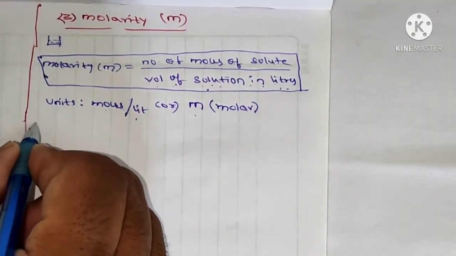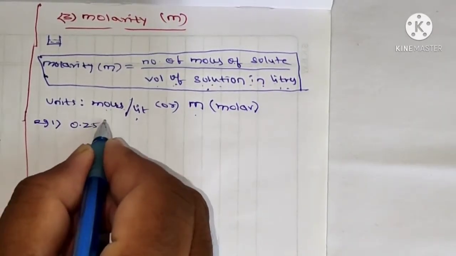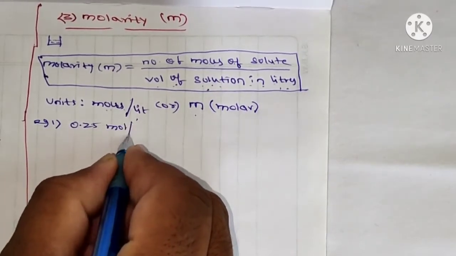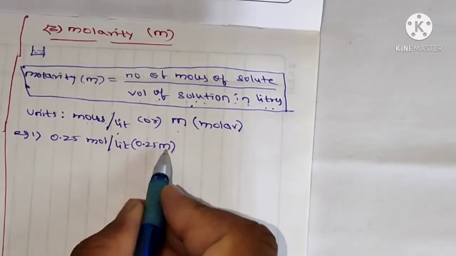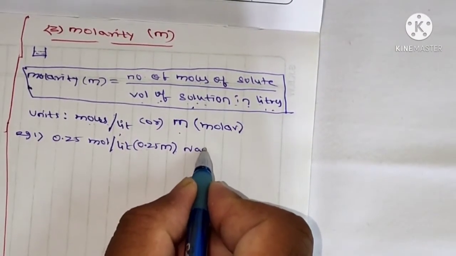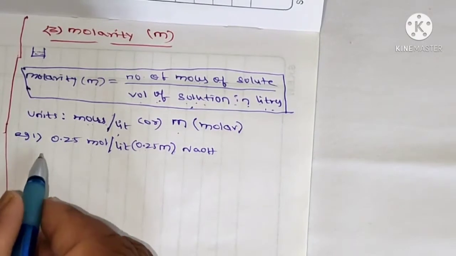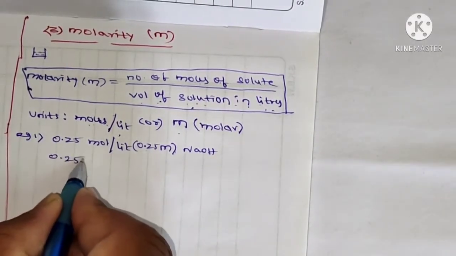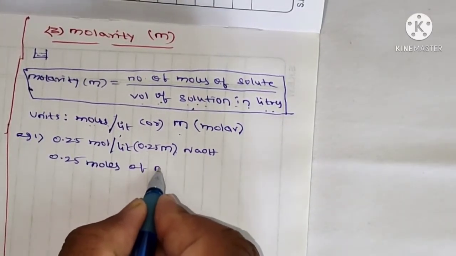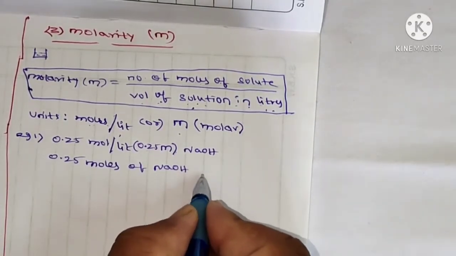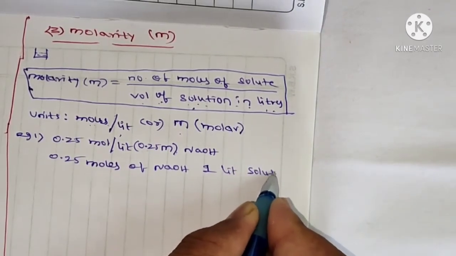For example, if I take 0.25 moles per liter or 0.25 M NaOH, NaOH means 0.25 moles of NaOH present in 1 liter of solution.